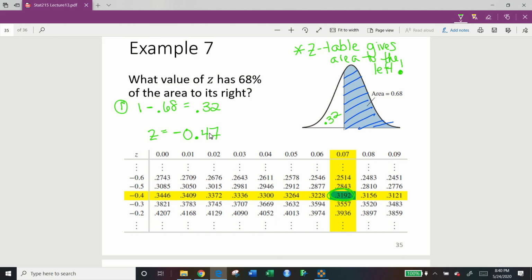And again, I'm going to emphasize it one more time. Make sure you draw the picture because sometimes it can get a bit confusing when you're trying to logic the problem out. Like, oh, should my answer be positive or negative? If you draw it out, it's very, very helpful because if you're drawing it and you can see that the area is going to be to the left or the right of your center of 0, it can kind of give you an idea.